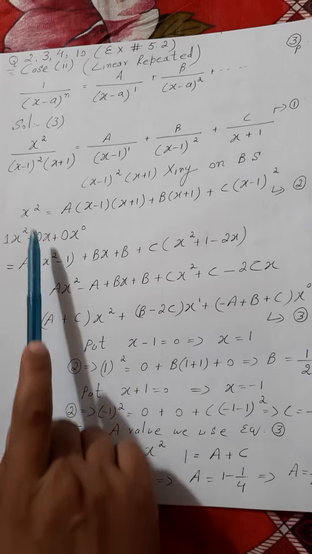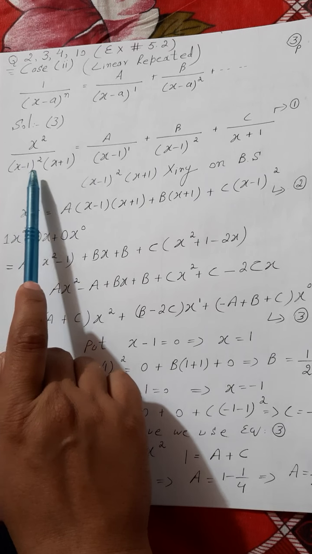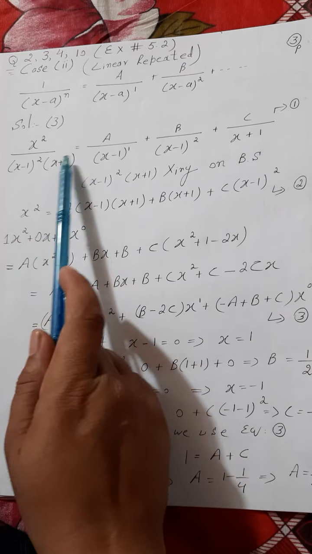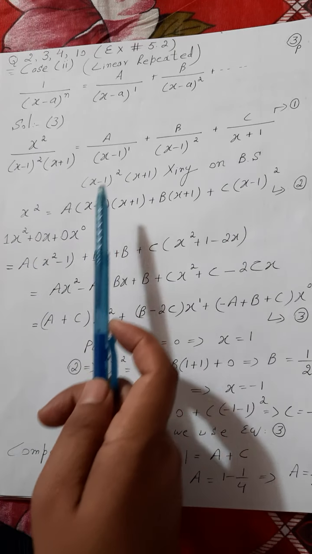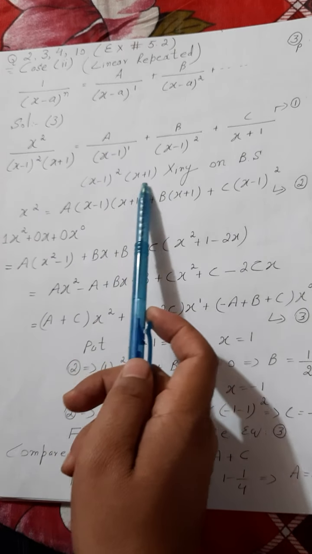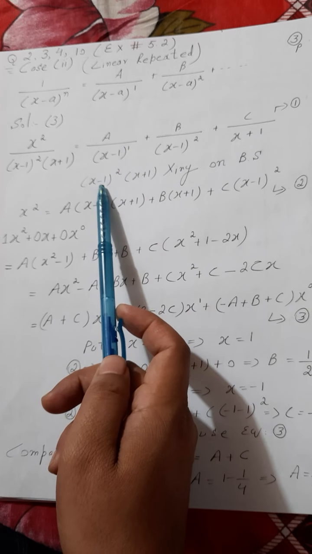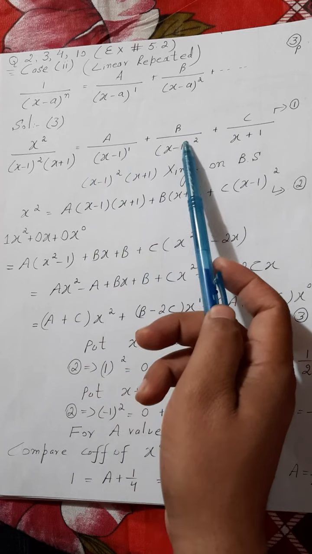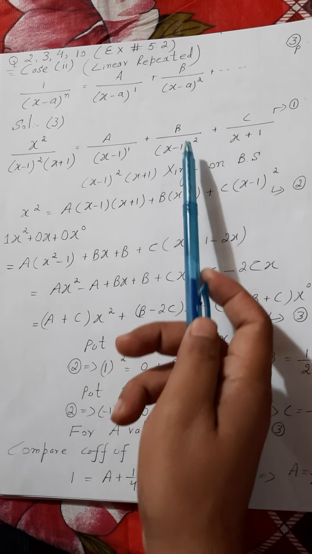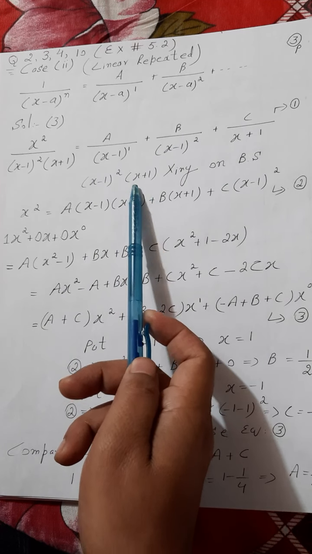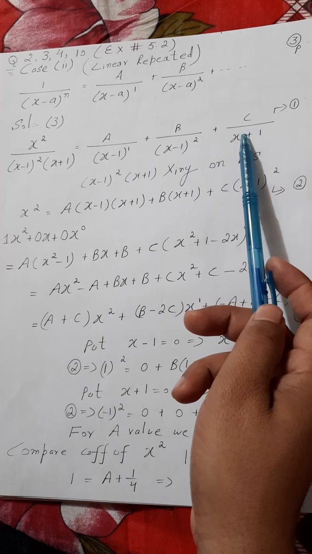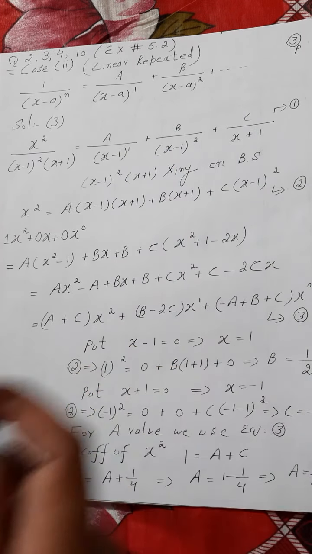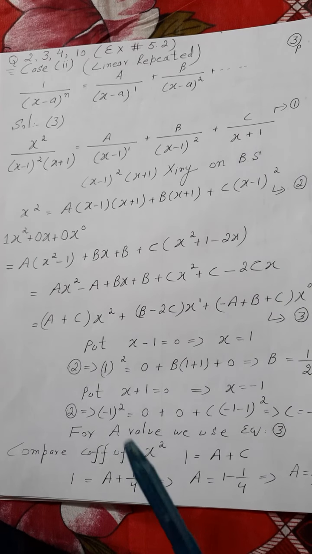Once again multiply both sides by (x minus 1) whole square and (x plus 1), and there is cancellation. There is x square and a times this thing, so x minus 1 cancels, leaving x minus 1 and x plus 1. Similarly, x minus 1 square cancels, and there is only b times x plus 1, and x plus 1 cancels, so the remaining value is (x minus 1) whole square. Say this is equation number 2.